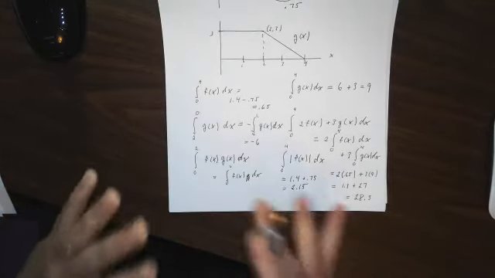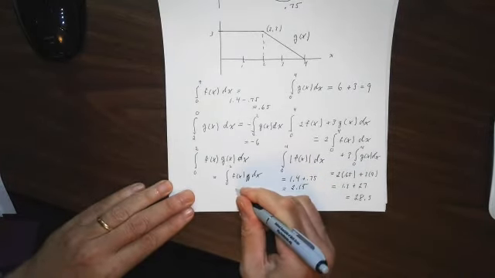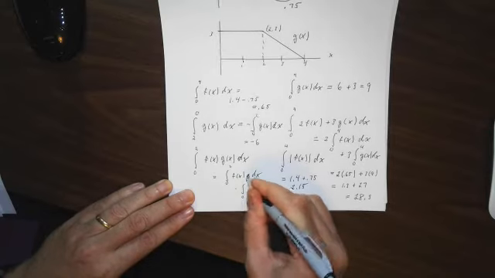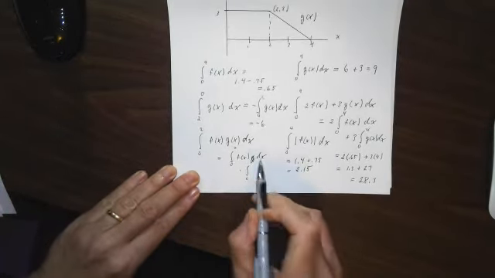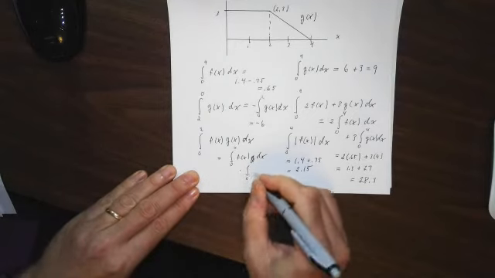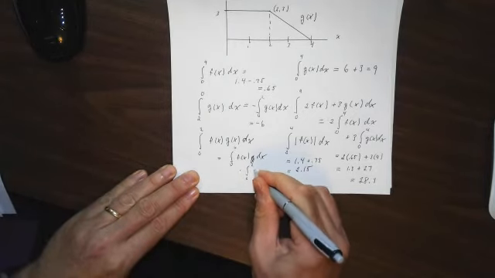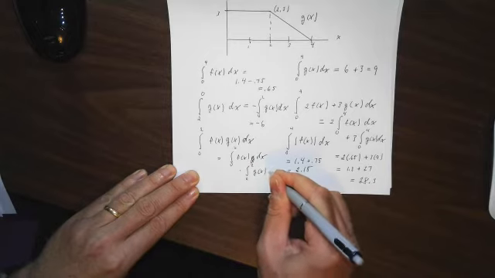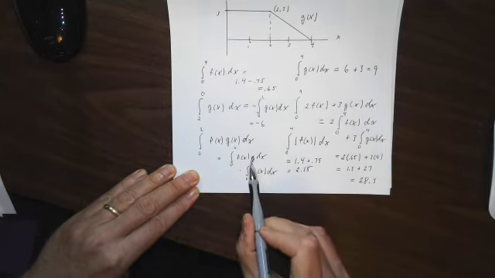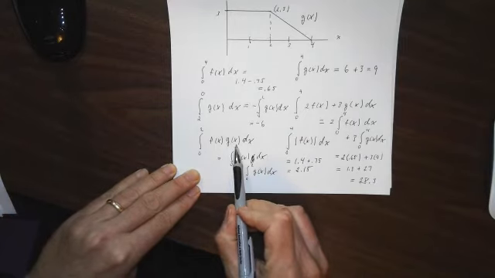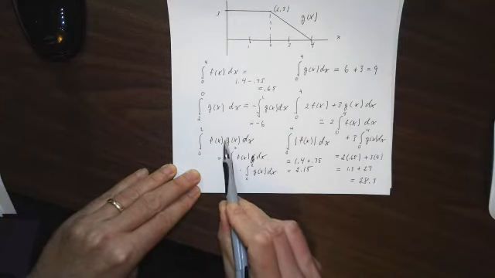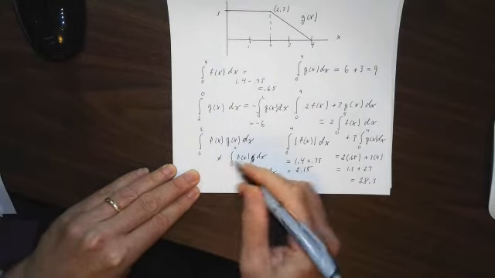We can't break the integral of a product up into the product of two integrals. And sorry, I'm kind of running out of space. We can't write it as the integral of f of x times the integral from 0 to 2 of g of x dx. We can't break things up into two when we're multiplying. Never. Only if we're adding. Linearity says if we're adding, it's fine. So we can't do this.